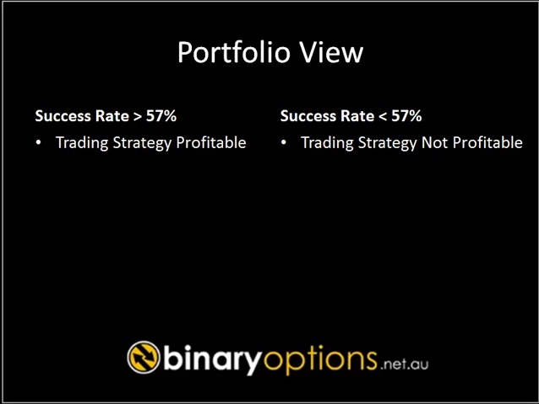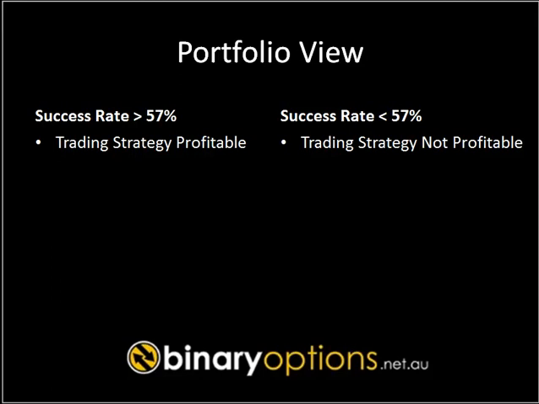If we're not able to meet this hurdle and we're finding that day in and day out our success rate is lower than 57%, we're going to need to reevaluate our trading strategy. So this is why it's so important when it comes to your trading strategy that you're very confident in your trades. It has to be more than a 57% chance in this example that the asset's going to be above that strike price at expiration.